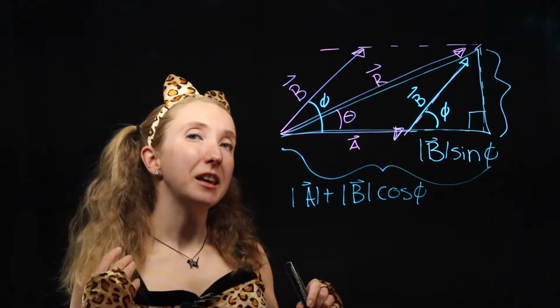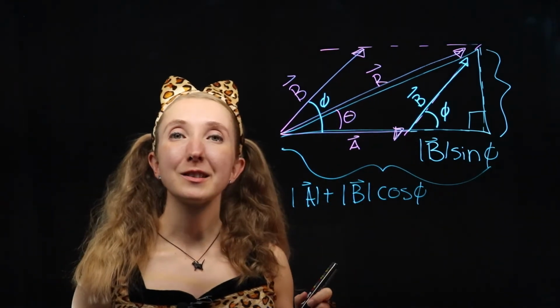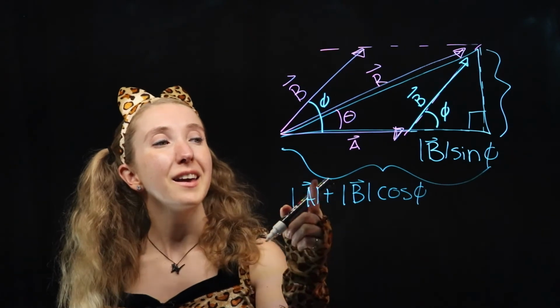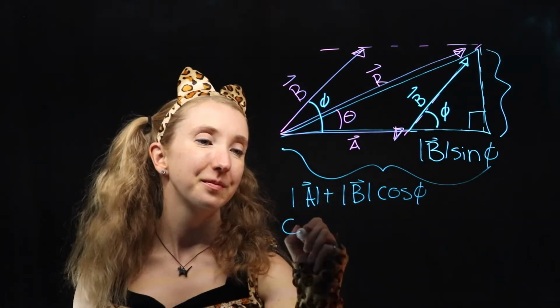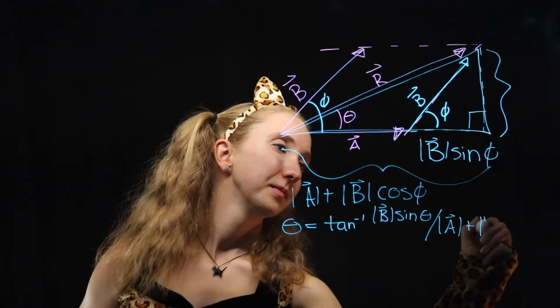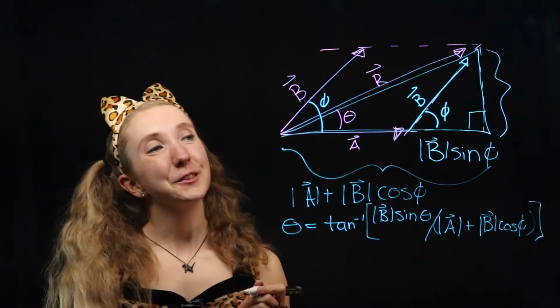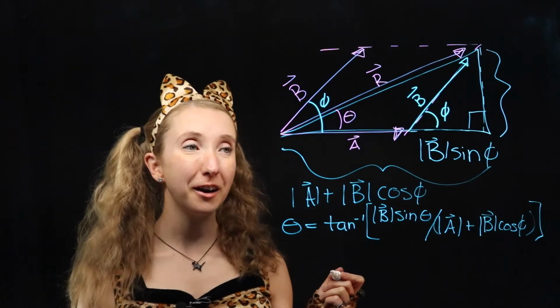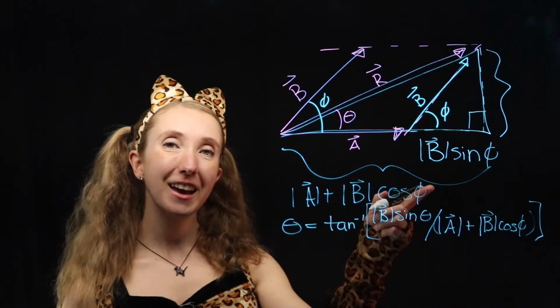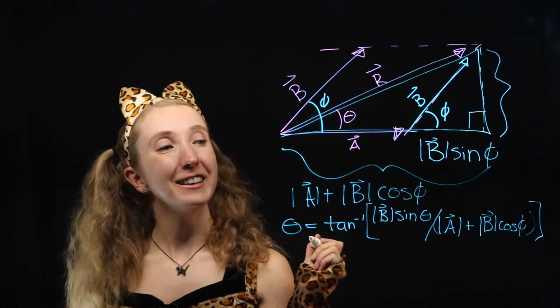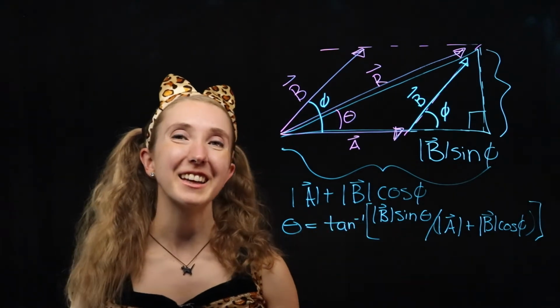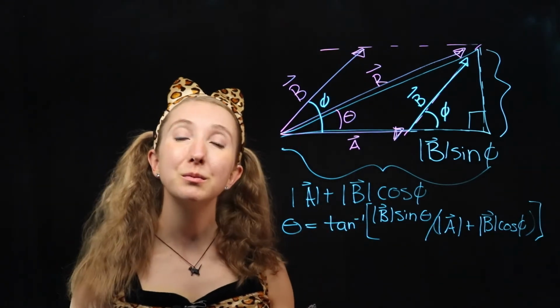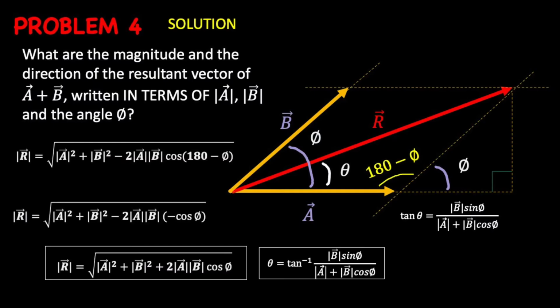So if we take the arctan of that, we could solve for theta in terms of A, B, and phi. Congratulations! You've found the magnitude of your resultant r in terms of A, B, and phi, and you found the direction, again in terms of A, B, and phi. You're just one problem away from freedom.